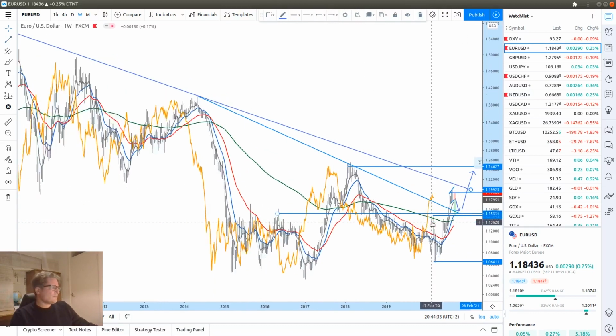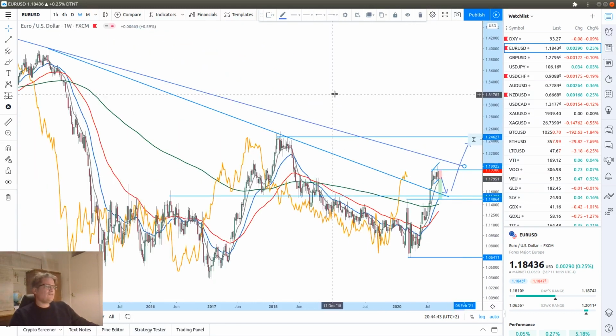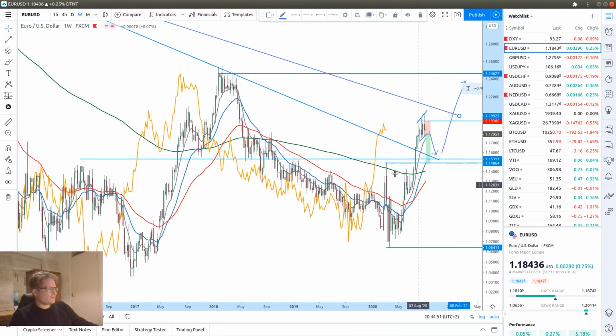But same as on the dollar index, we've seen some consolidation, and now I'm waiting for a break lower back to the trend line as well, and that also coincides with this horizontal support zone or support line area.